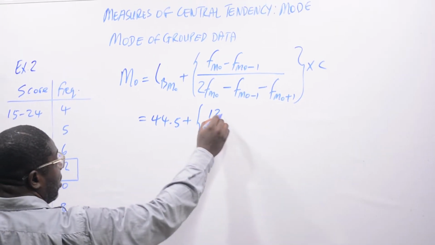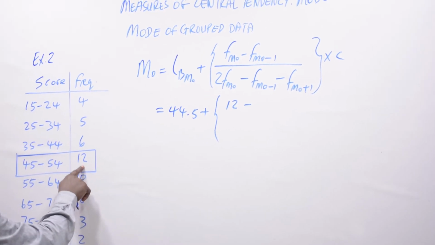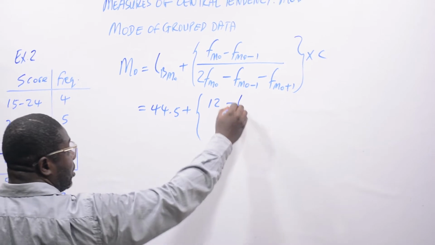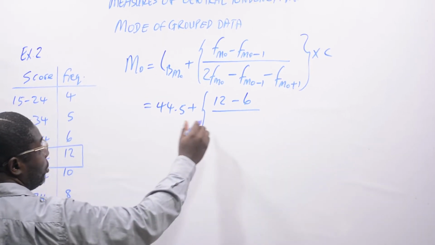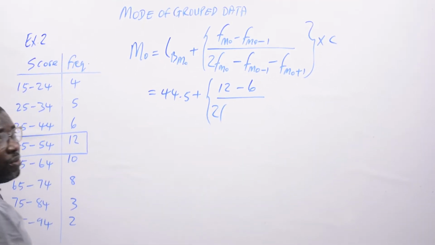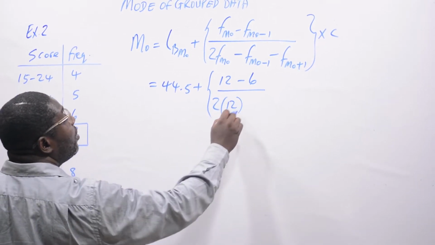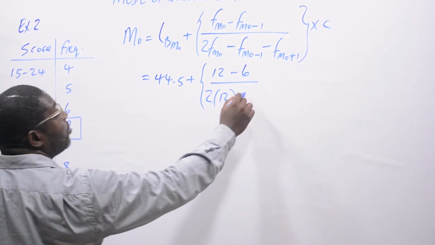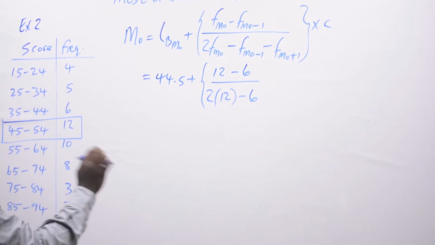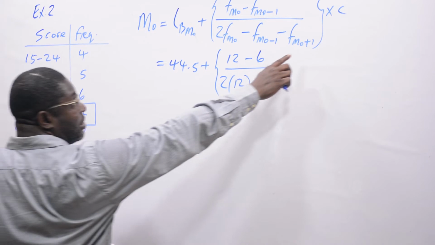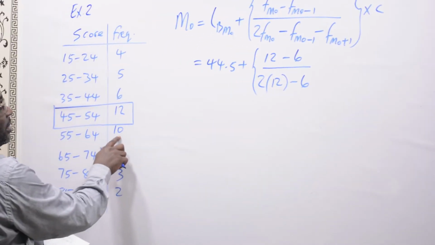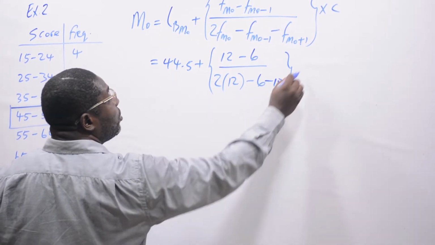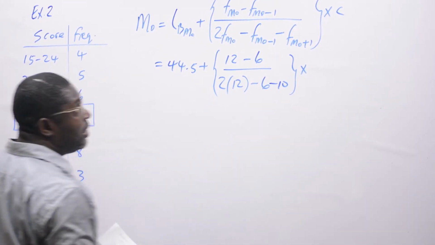We have 12 here, minus frequency of the class before the modal class, that is 6, divided by 2 of the frequency of the modal class, which is 12, minus frequency of the class before the modal class, we know that is 6, and frequency of the class after the modal class, we have it as 10. So 10 comes here. Close the brace, multiply by the class size.